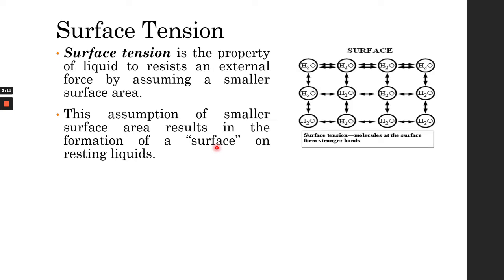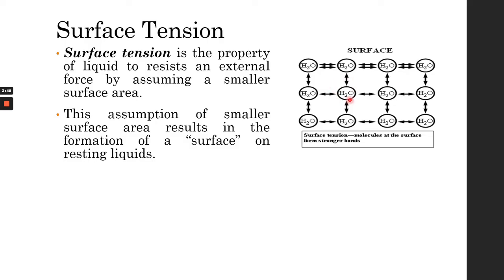This is because of the intermolecular forces exhibited by the molecules of the water, or not only water, but let's say the liquid. Here we know that the intermolecular force present in water is what we call hydrogen bonding, and this hydrogen bonding is very strong. For a single molecule of liquid, in this case water, which is H2O, anything below the surface of the liquid is connected to four other individual molecules of water.